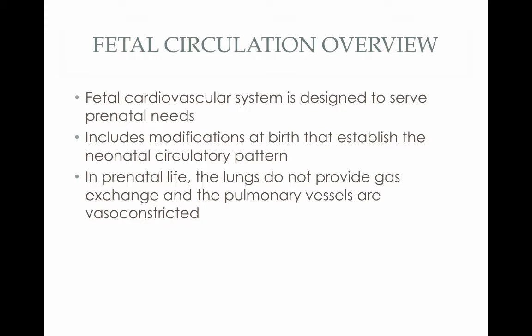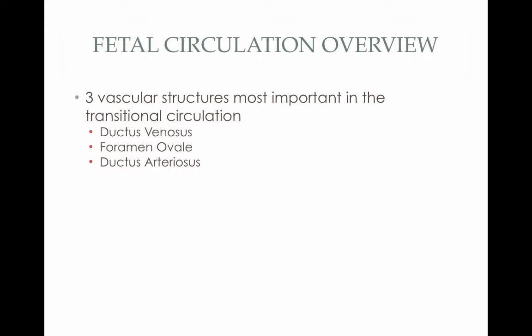Again, baby is getting all its nutrients from the mother. And there are 3 vascular structures that are most important in this transitional circulation. And so it's the ductus venosus, the foramen ovale, and the ductus arteriosus.